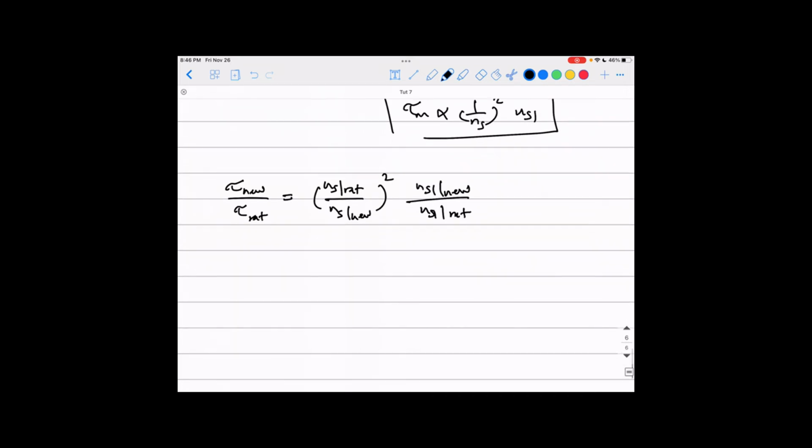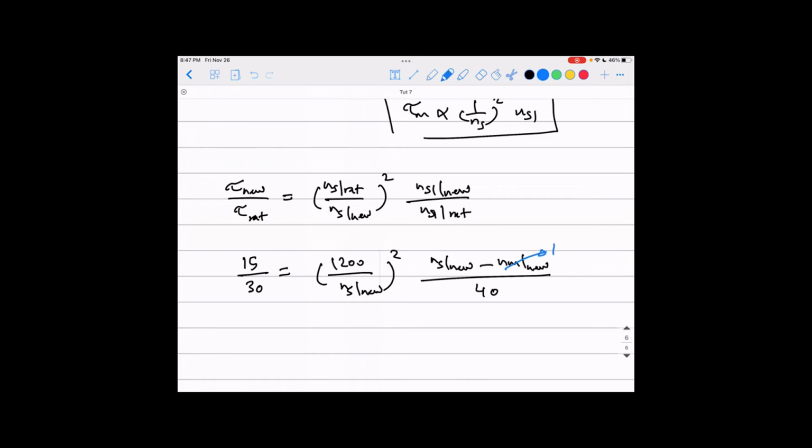The new torque is given to be 15 Newton meter, and the rated torque was 30. The synchronous speed rated is 1200 RPMs divided by the new synchronous speed, all squared. The new slip speed, which equals the new synchronous speed minus the new mechanical speed, that's how you calculate the slip speed anyways, over the rated one, which was 40, if you remember.